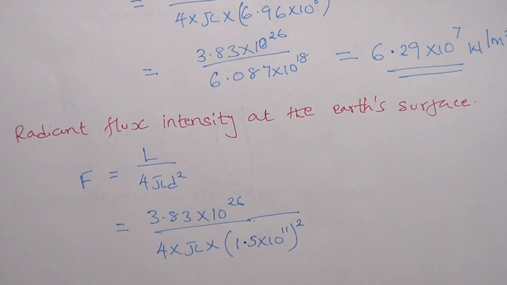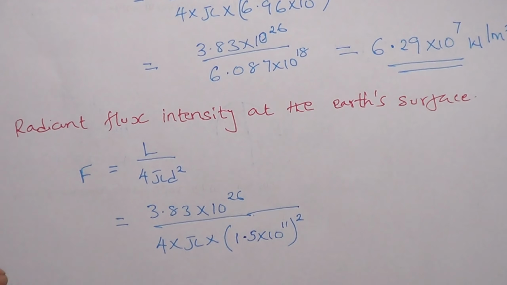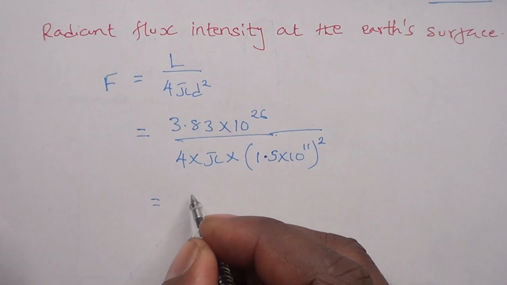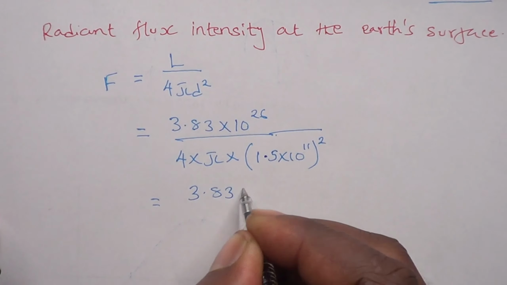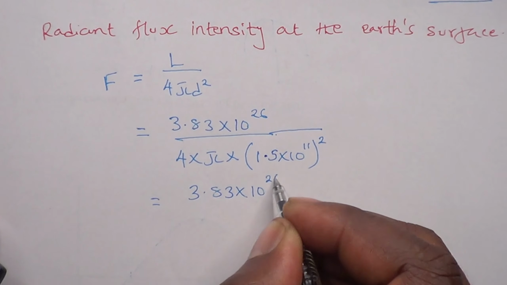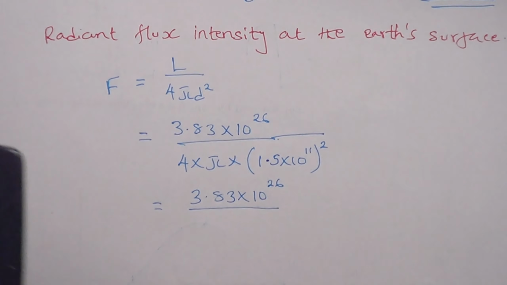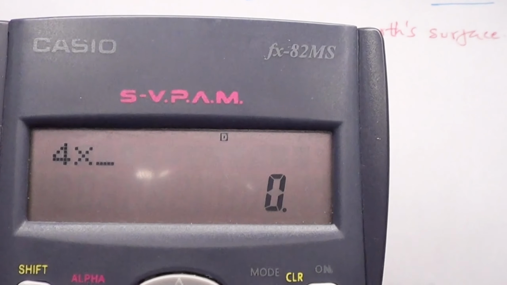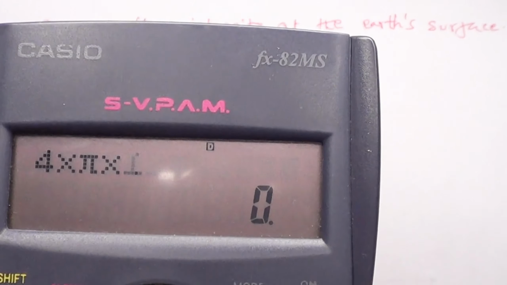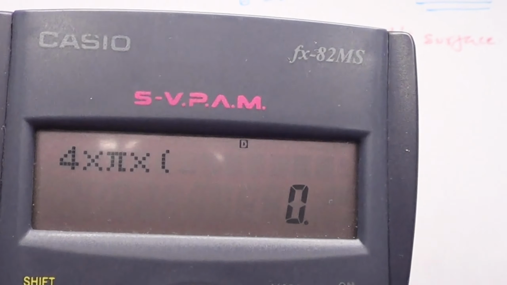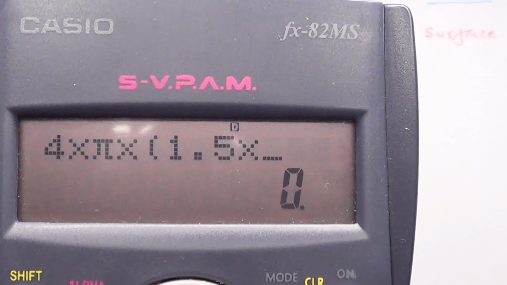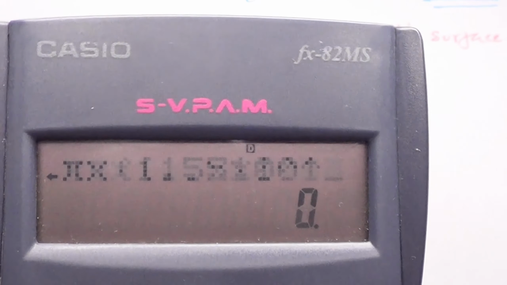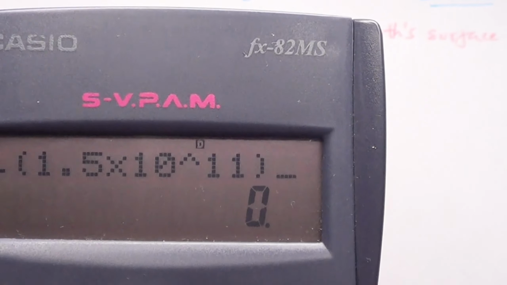So take my calculator first, and then I need to calculate it. 3.83 times 10 power 26 over 4 times pi times into bracket, remember it is 1.5 times 10 power 11 squared.